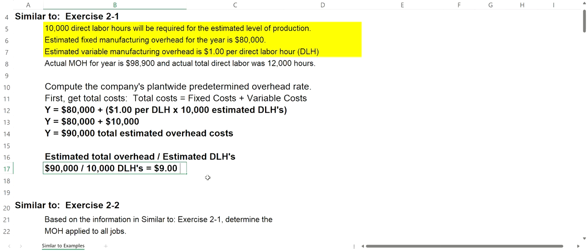That $9 would be per direct labor hour, and that is my predetermined overhead rate. Okay, so I've done step one. I've gotten my overhead rate. Notice that I didn't use the 98,900 actual overhead, and I didn't use the actual 12,000 hours.